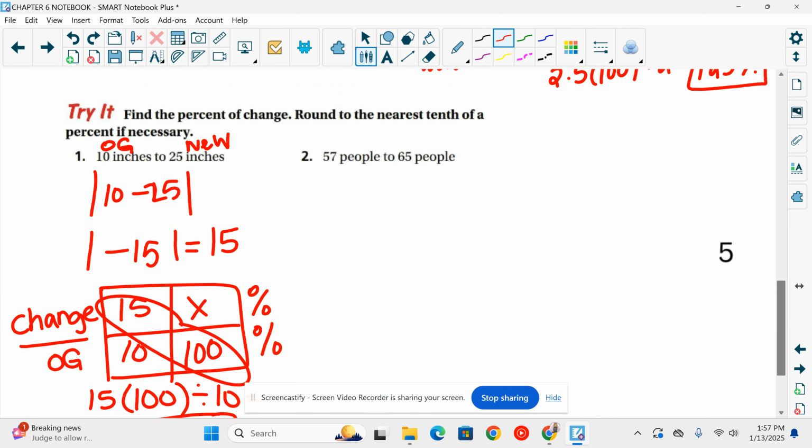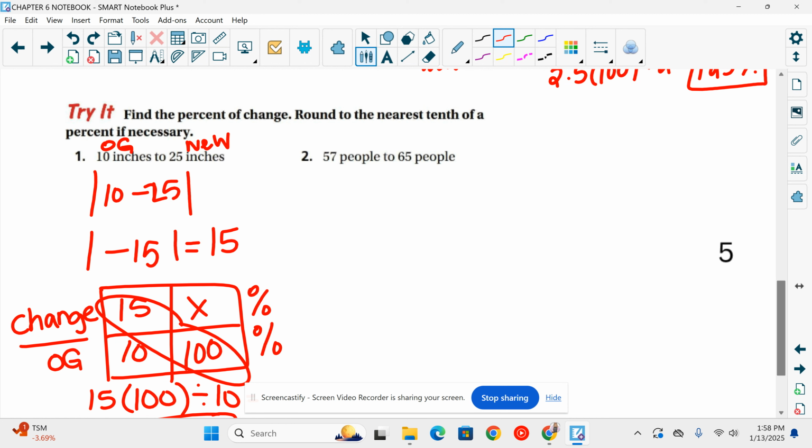Try number 2. Alright, if you end up with a decimal, what do the directions say to do?